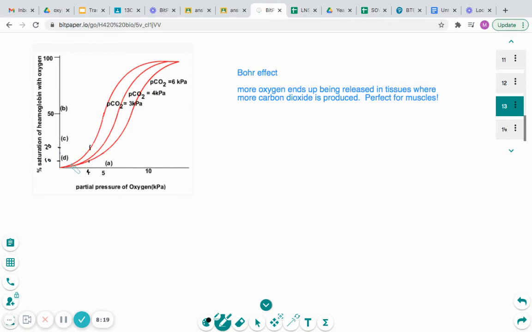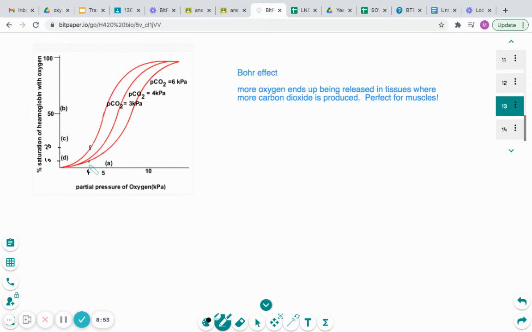So something's happening here. As you increase the partial pressure of CO2, the same hemoglobin molecule in the same partial pressure of oxygen is associating with less oxygen. Or you could word that another way. The same hemoglobin molecule in the same partial pressure of oxygen, but with different CO2 concentrations, is showing differences in how much oxygen is dissociating.